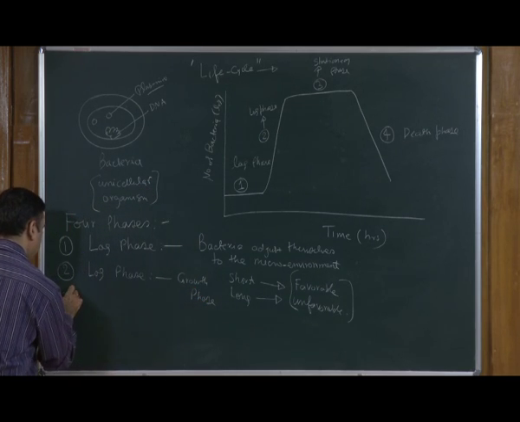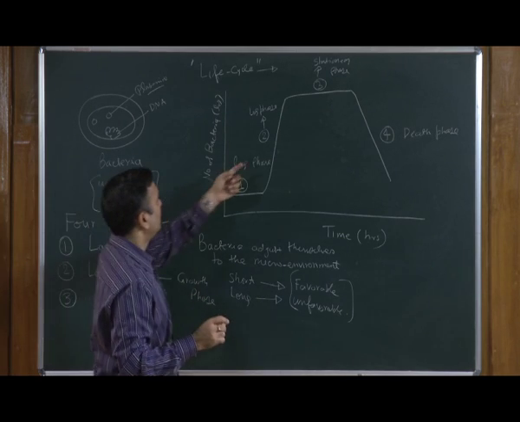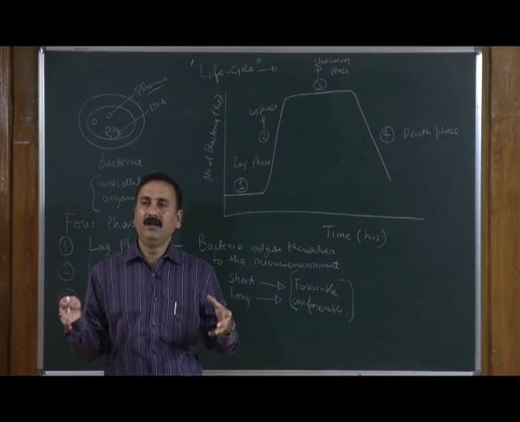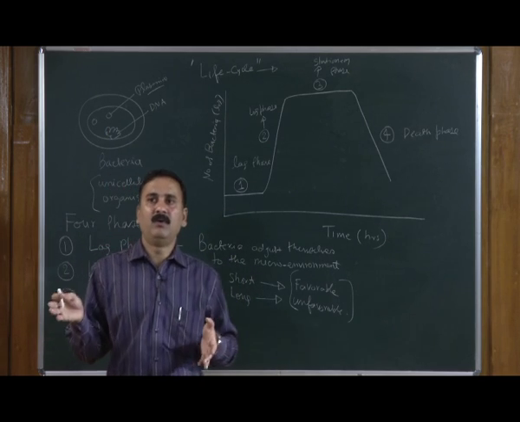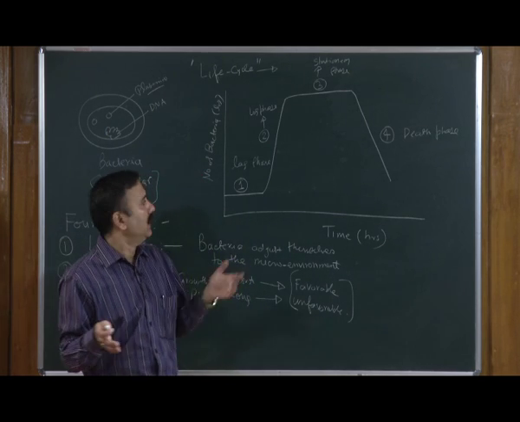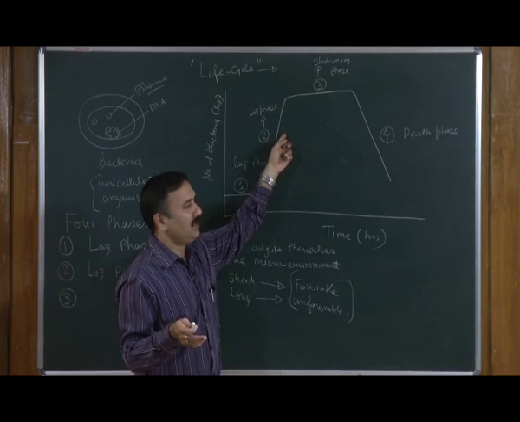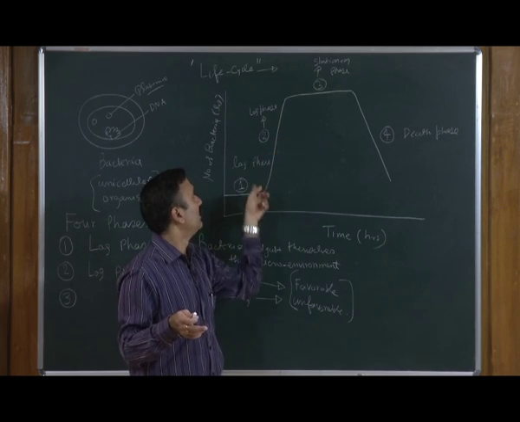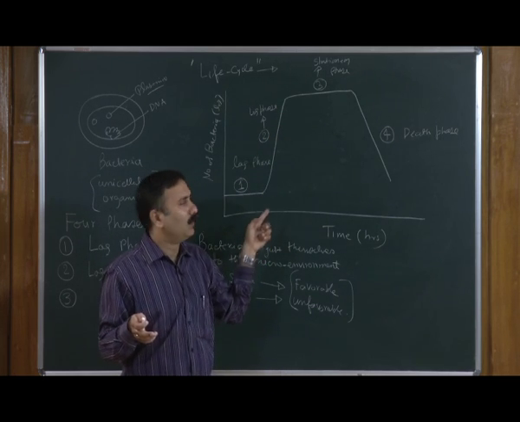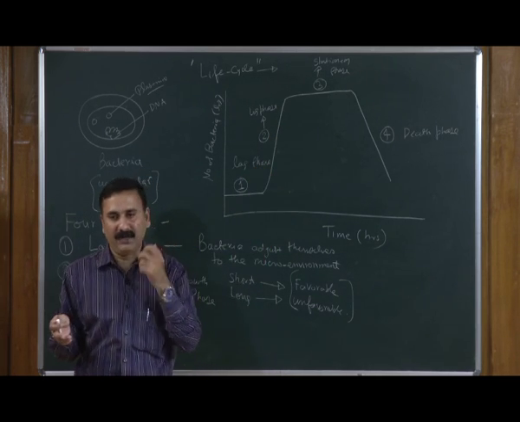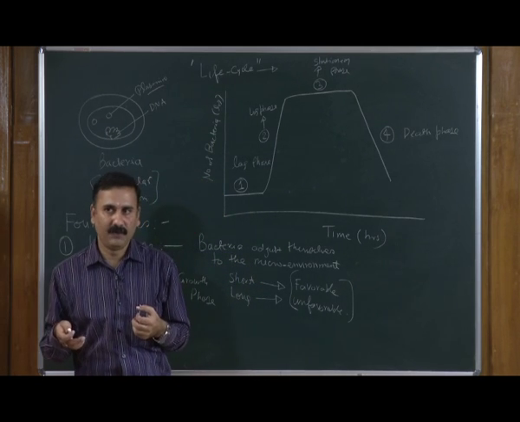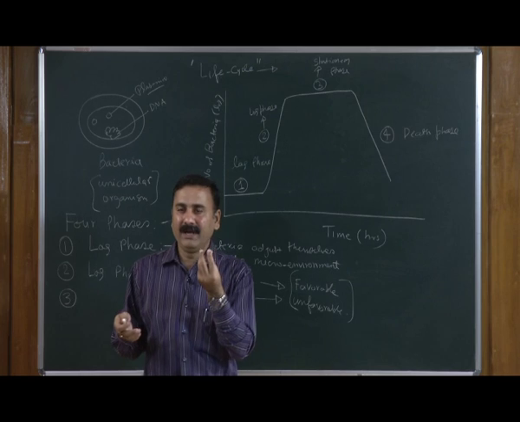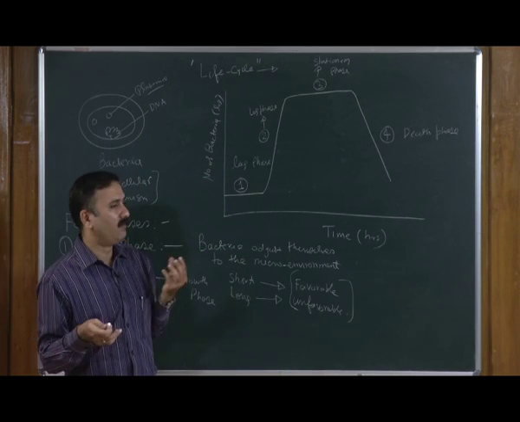Number 3, as soon as the bacteria grow in a defined volume of a particular microenvironment, they deplete the nutrients present in that environment. For example, suppose you take a bacteria growing in a drop of rain. The drop of rain contains a definite amount of nutrients.